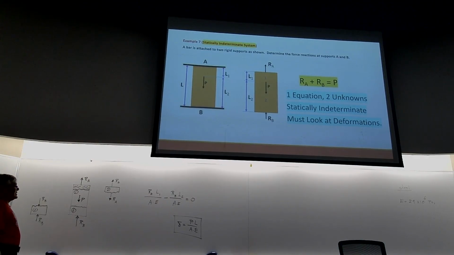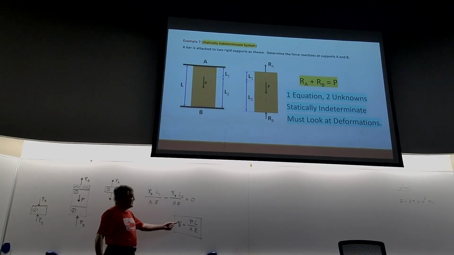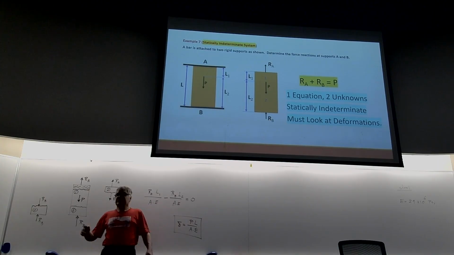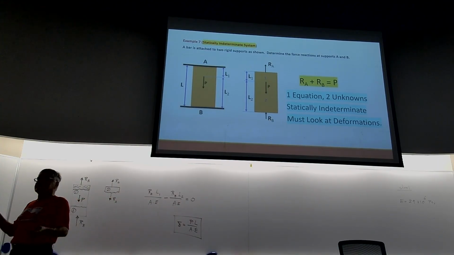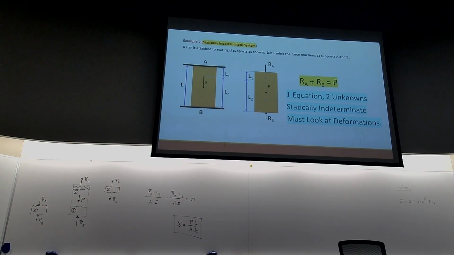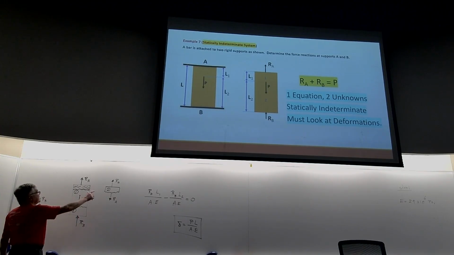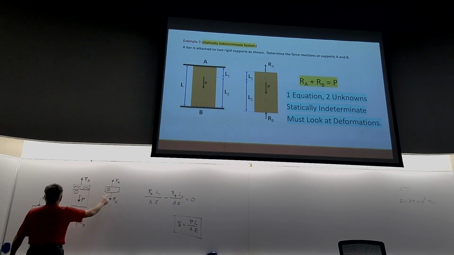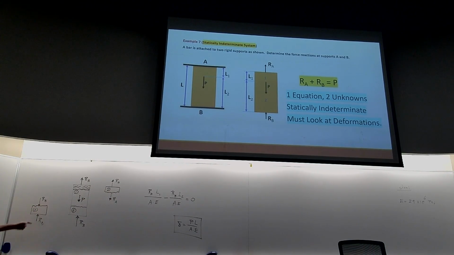So when you're using this equation, this P here must be the internal force in the segment you're looking at. And those forces only can come from statics. So RA for segment one, RB for segment two. The A's and E's are the same.